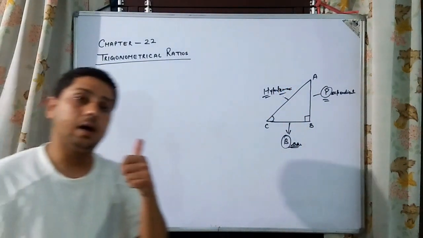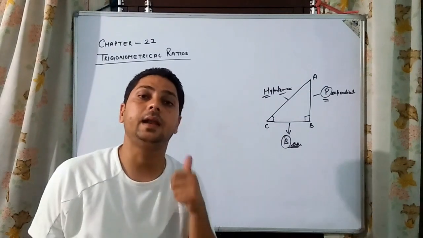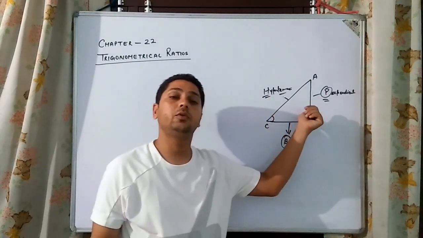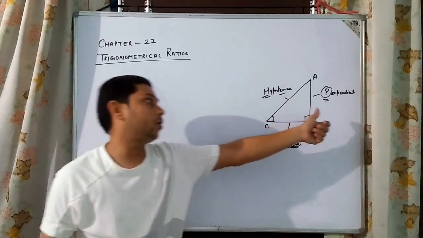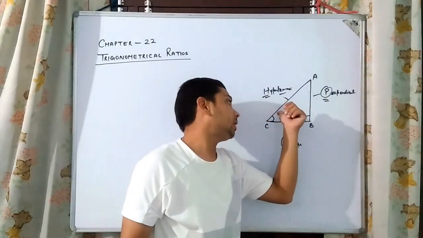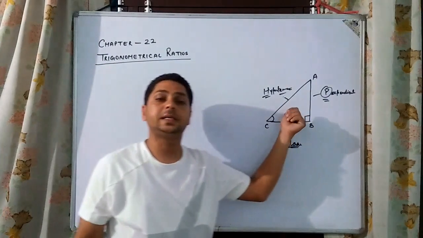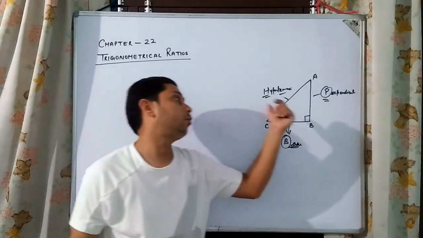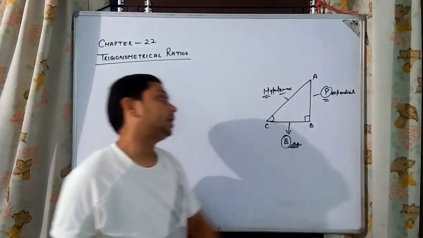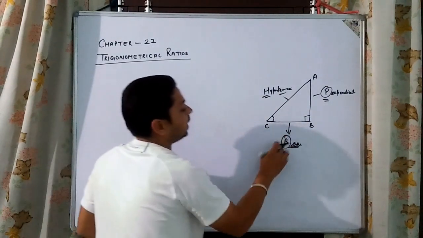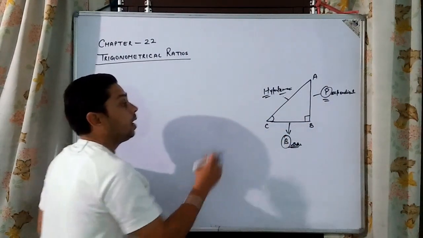So the longest side of a right angle triangle is the hypotenuse, which is opposite to your 90 degree angle. Then we have perpendicular, which is the side opposite to your base angle. Remember, we have to decide the base angle. Then the side BC here is your base.